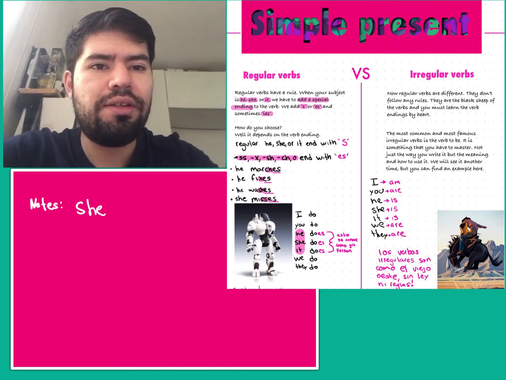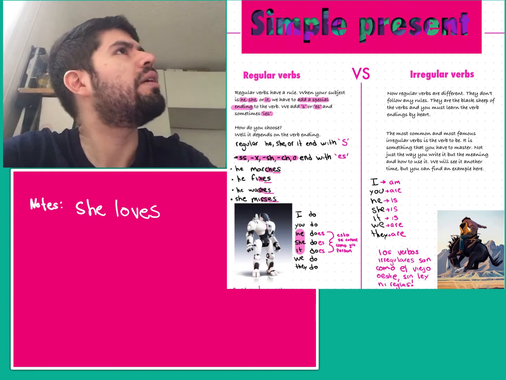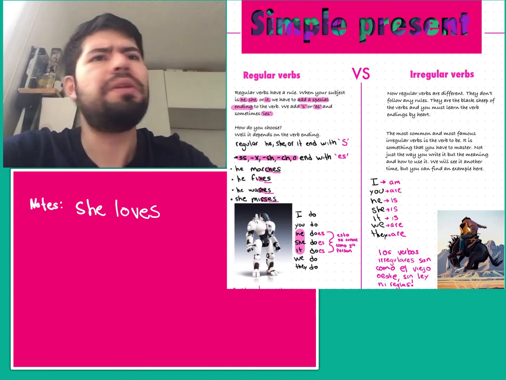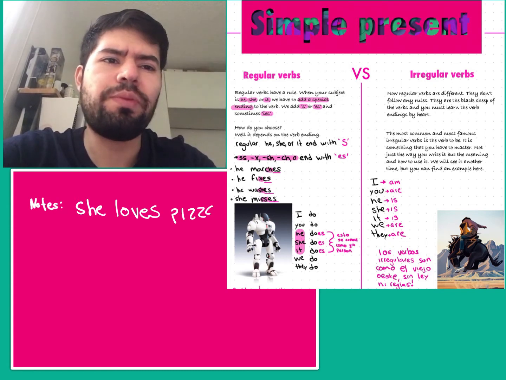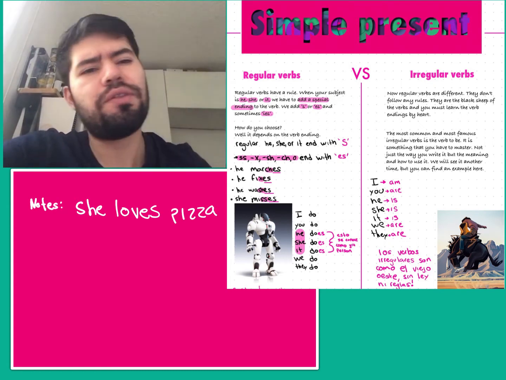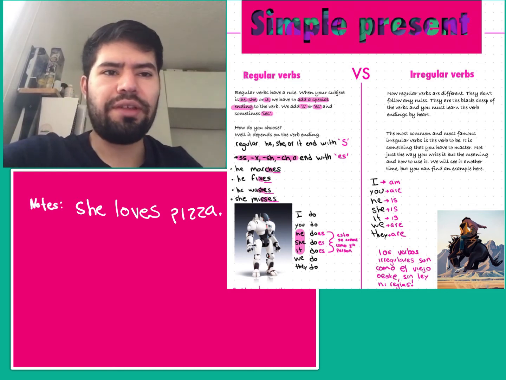She loves, and what kind of food would someone love? I would say pizza. Most people love pizza, or maybe like pizza. That's fine. So here we have an example with she.